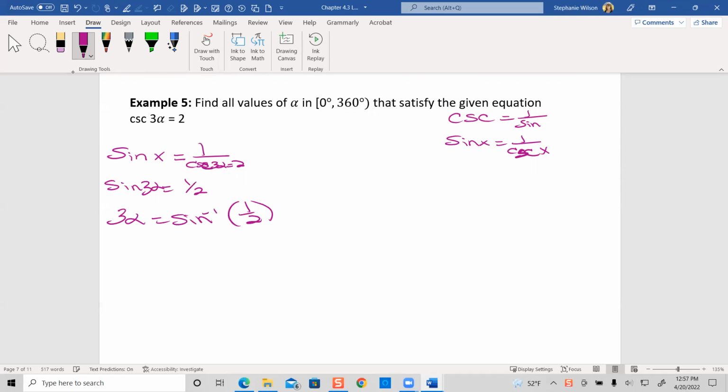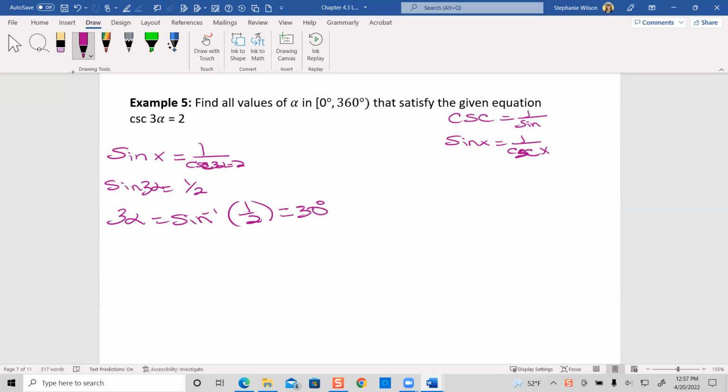And now that I've done that, I see that sine inverse of 1/2 is going to be 30 degrees. So therefore, we know that s is greater than 0.